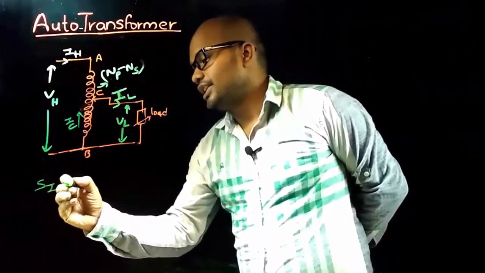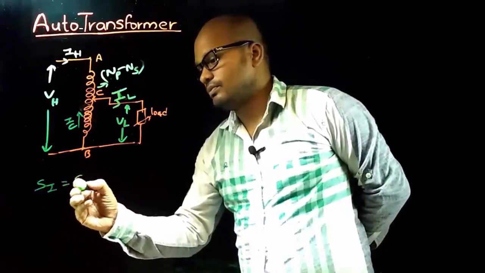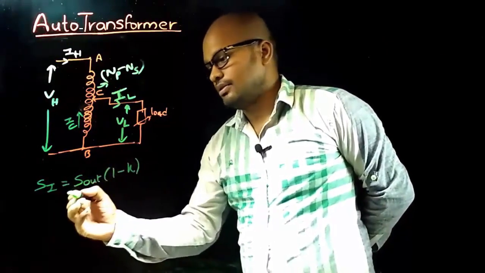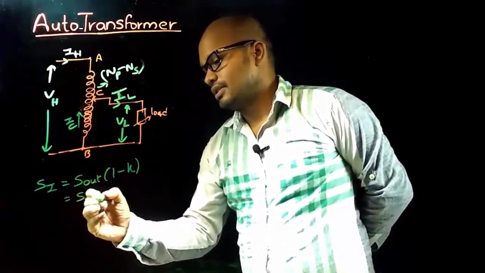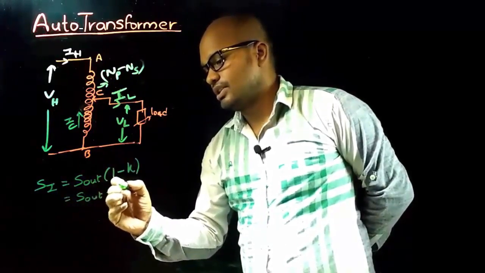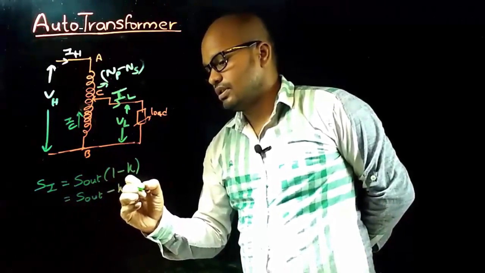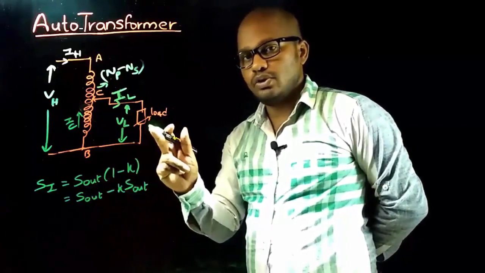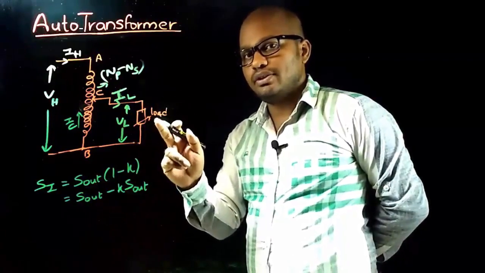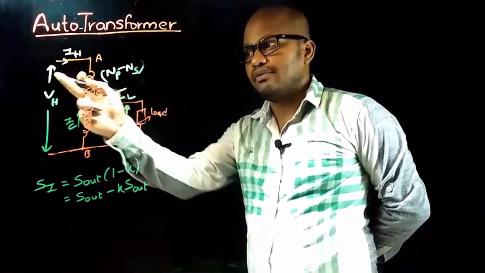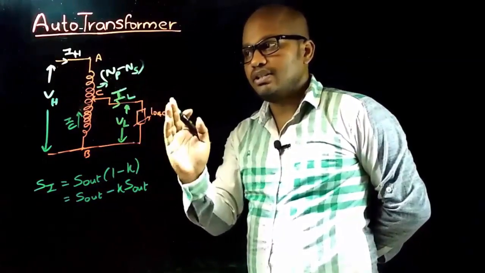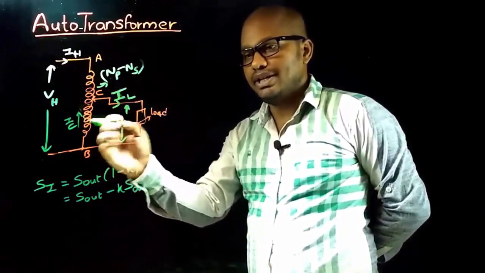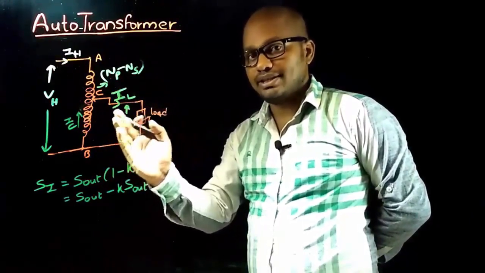Therefore inductive power SI is equal to output power into 1 minus K. So that implies SI is equal to S out minus K into S out, and S out is the output power received by load, and we discussed that load will receive a part of power directly from the input supply, and that we called it as conductive power, and some part of power through induction process, and that we call it as inductive power.